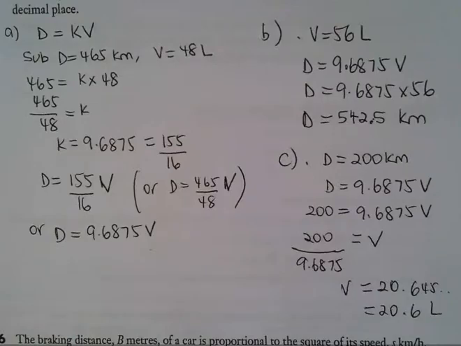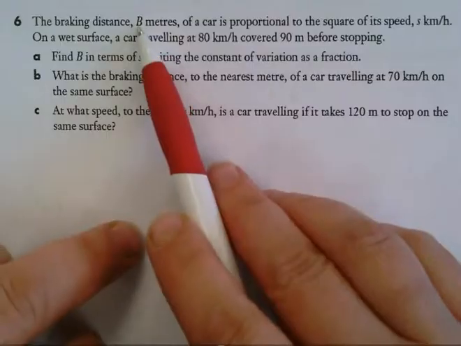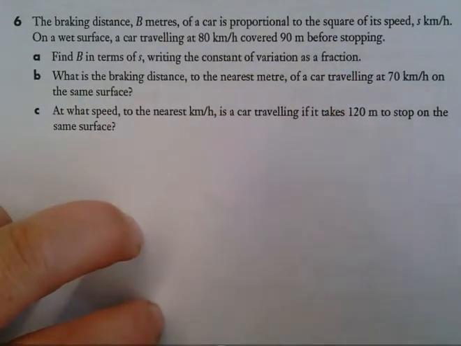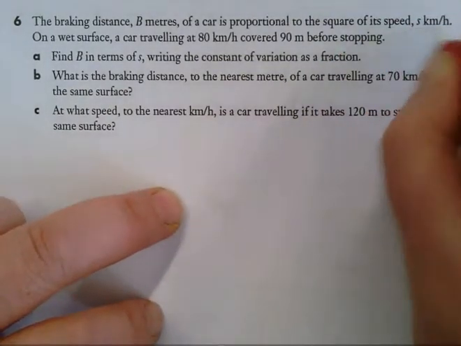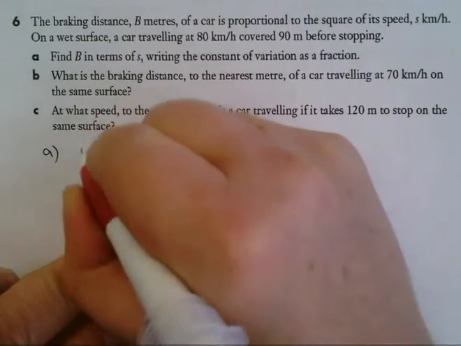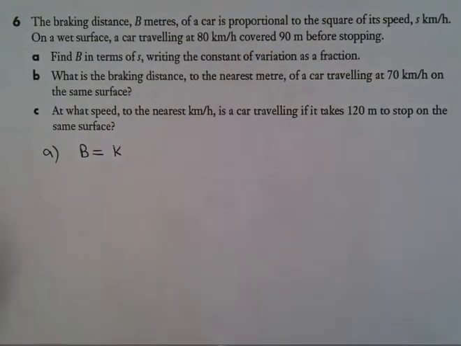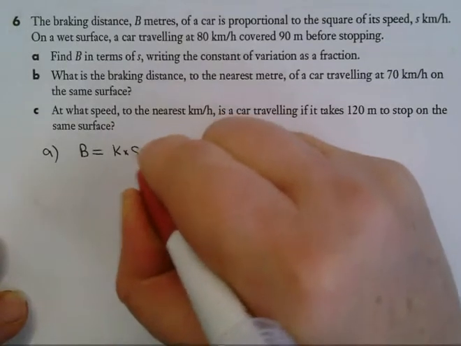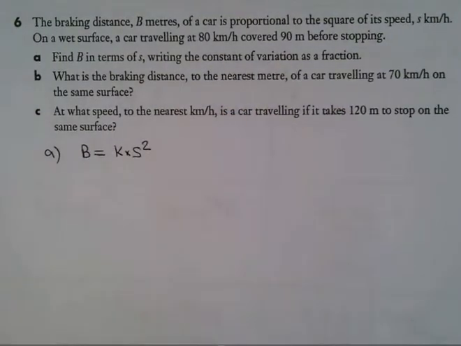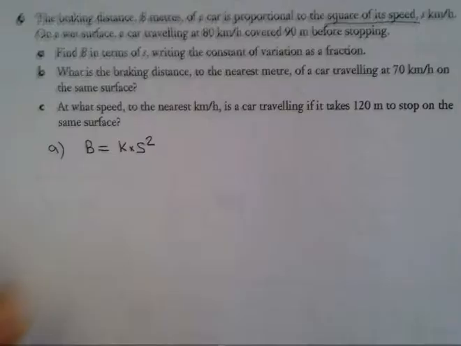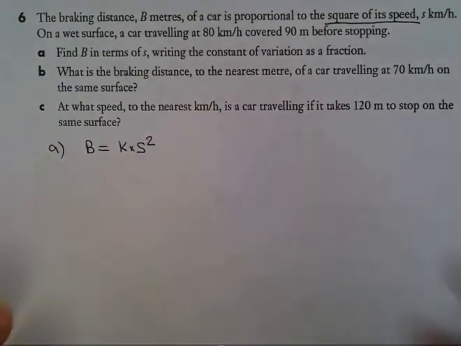Okay? Here, the braking distance B metres of a car is proportional to the square of its speed S. So this time, instead of writing B equals kS, it's just k times S squared. That's the only difference. Now every other step is the same. The square of its speed, not the square root, the square.